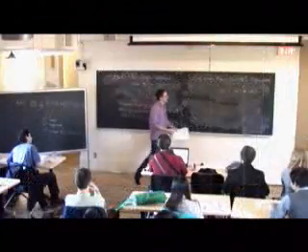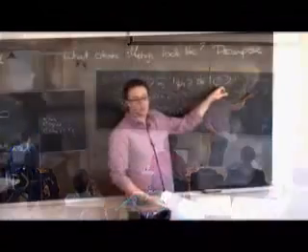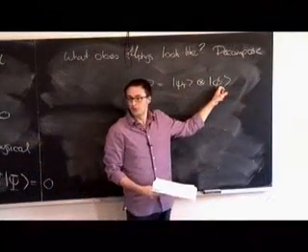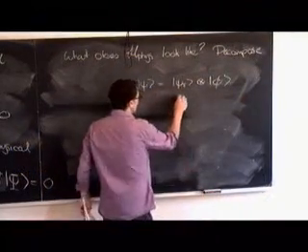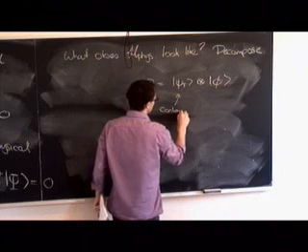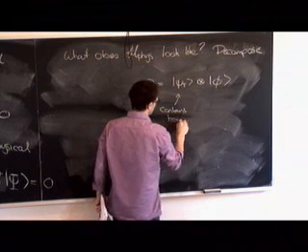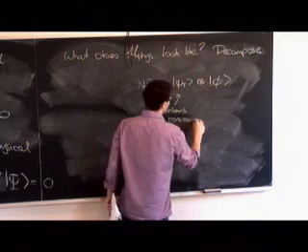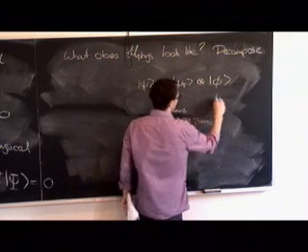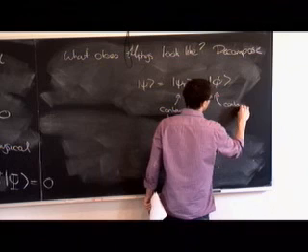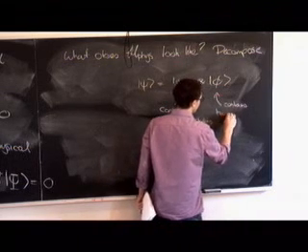Okay? Anticipating the fact that I want to keep these guys, but ultimately I'm going to want to do something about these guys. So this contains transverse photons. And this contains time-like and longitudinal.